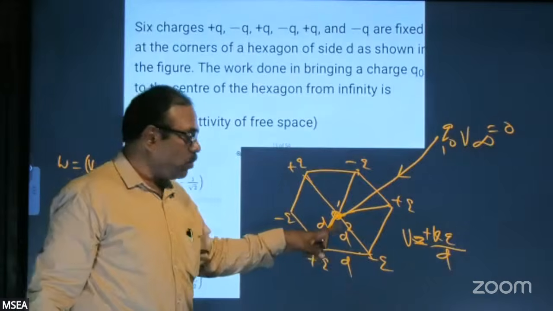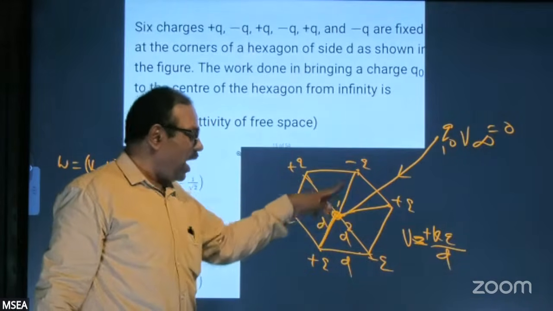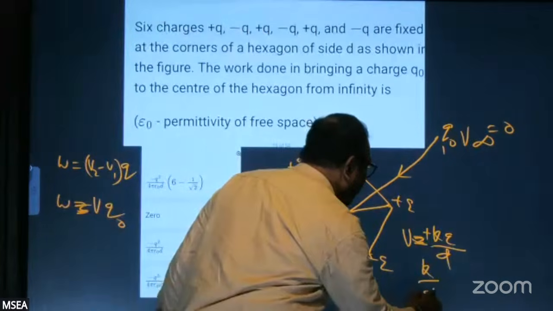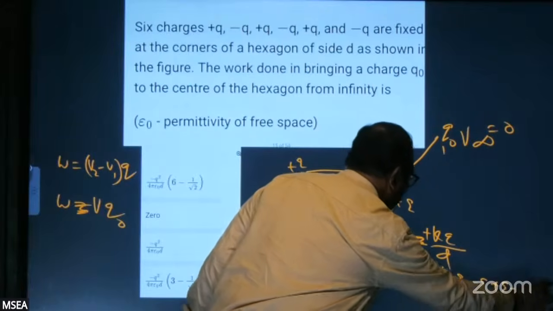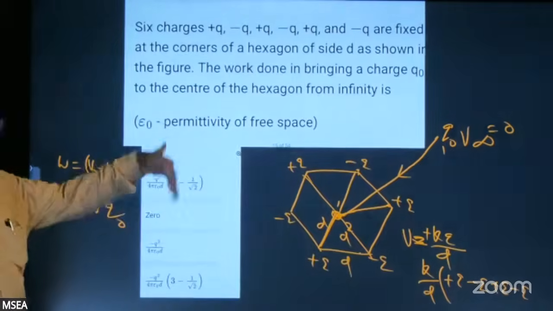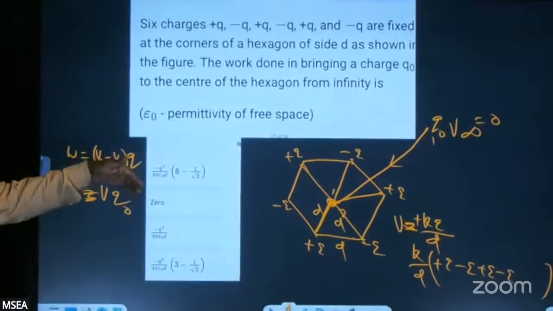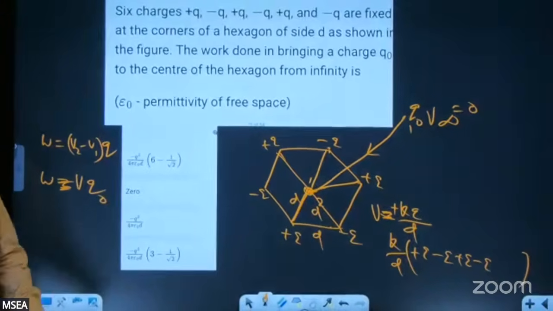Due to negative charge, potential is negative. Again, due to positive charge, potential is positive. Again negative, again positive. K by D is constant, but one is plus Q, minus Q, plus Q, minus Q. All get cancelled. So the potential there is 0. That's why the work done in bringing the charge from infinity to the center of the hexagon is 0.